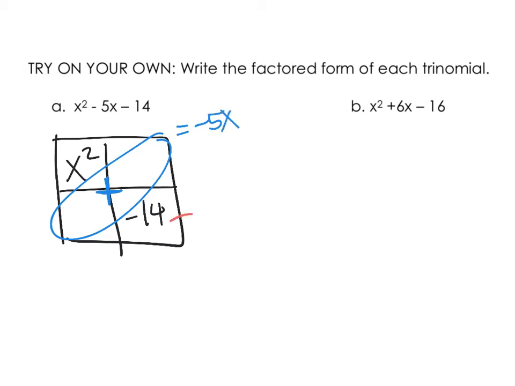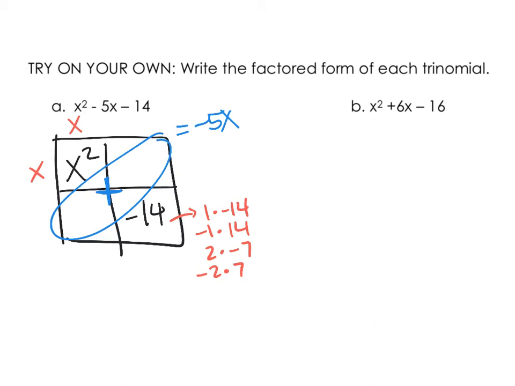So when we figure out our multiples, we could have a 1 times negative 14 or negative 1 times positive 14. We could have 2 times negative 7 or negative 2 times positive 7. So now that we have all of our options, x squared is going to be that x times x still. And now we just have to go down the list and see which one works the best.